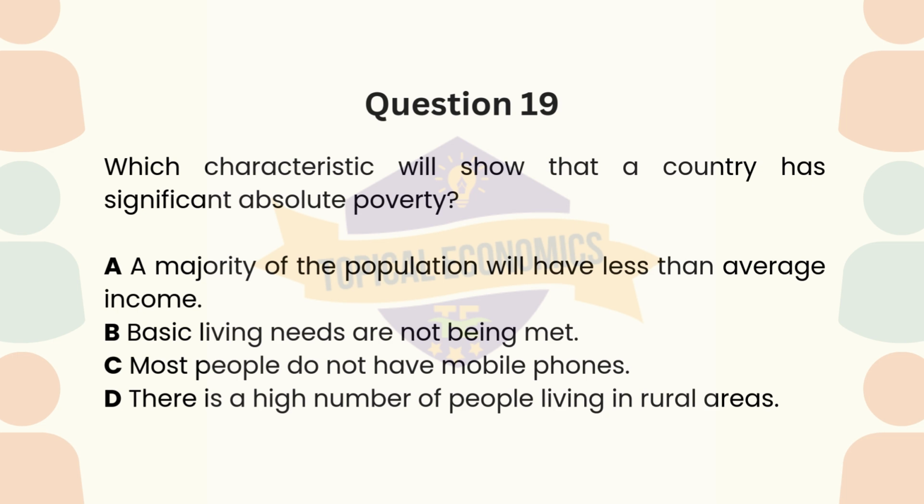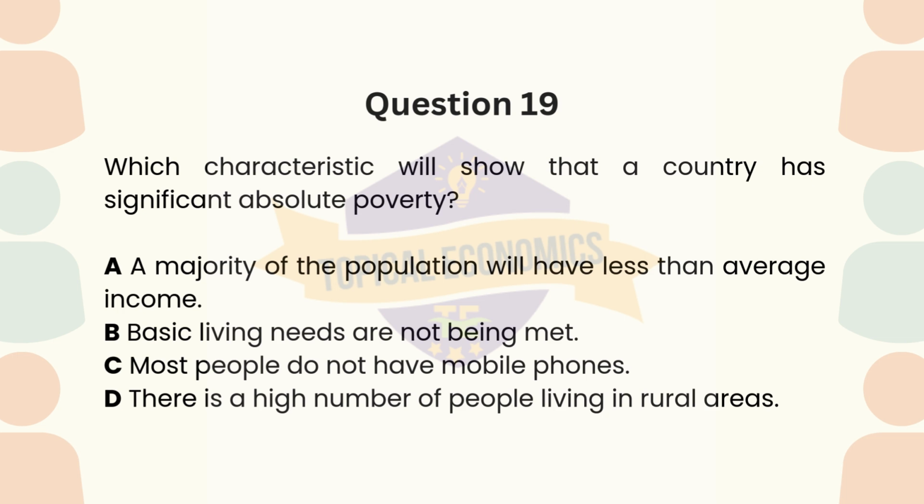Option B, basic living needs are not being met. This is the clearest indicator of absolute poverty, as it directly assesses the inability to secure essentials for survival. This is correct answer. Option C, most people do not have mobile phones. The absence of mobile phones is not a direct measure of poverty. It does not reflect essential needs being unmet.